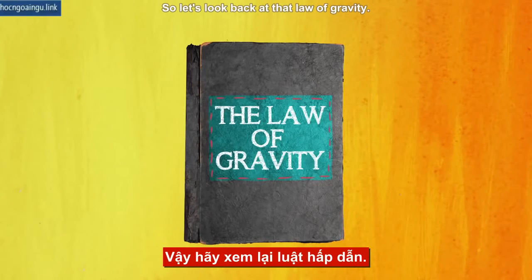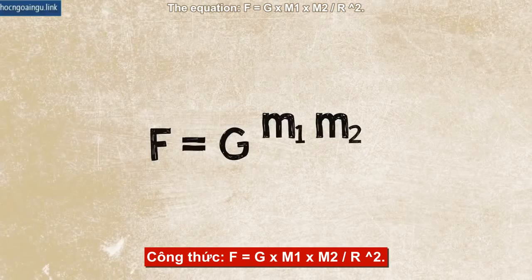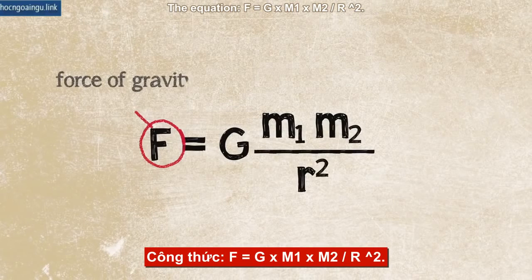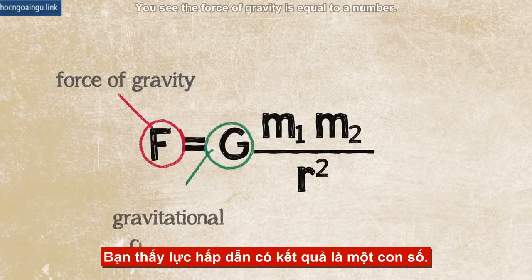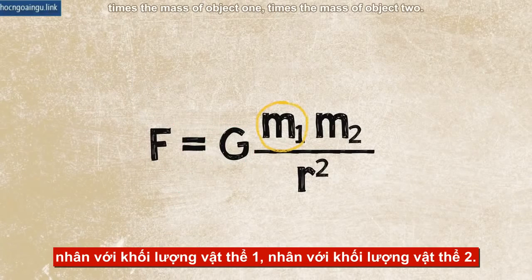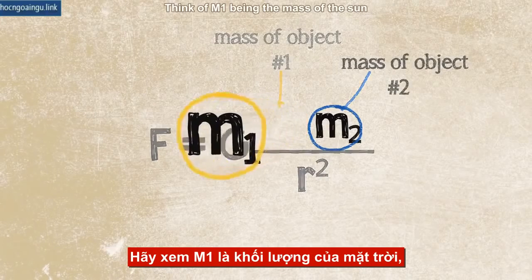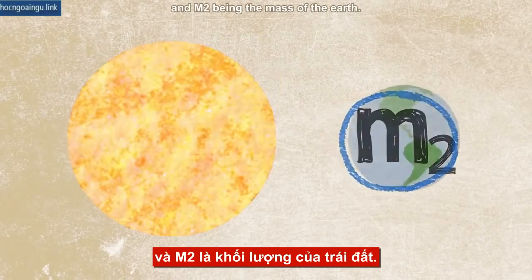So let's look back at that law of gravity, the equation, F equals G times M1 times M2 divided by R squared. You see, the force of gravity is equal to a number, that universal gravitational constant, G, times the mass of object 1 times the mass of object 2. Think of M1 being the mass of the sun and M2 being the mass of the Earth.